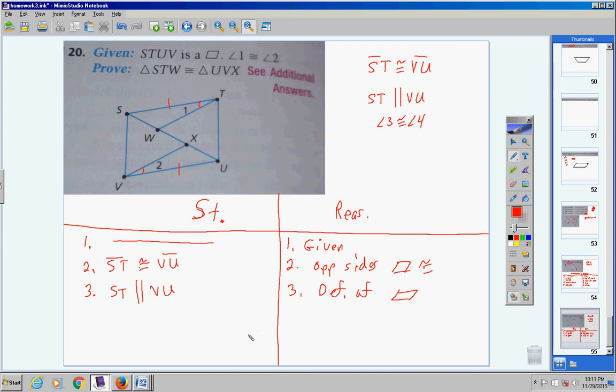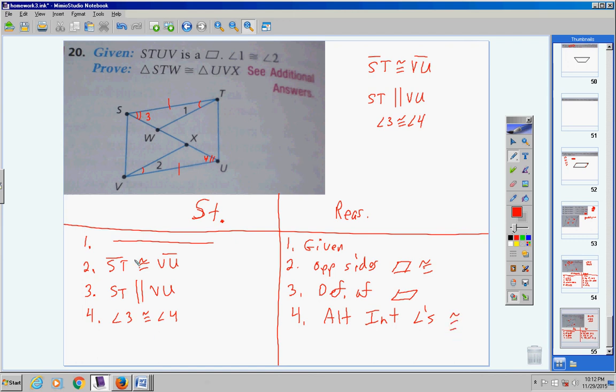Okay? Now, if I state that this side here is parallel to this side here, remember, I can then state that this angle here is congruent to this angle here because they're alternate interior angles. So now I can state angle 3 is congruent to angle 4, and my reason is alternate interior angles of parallel lines are congruent.